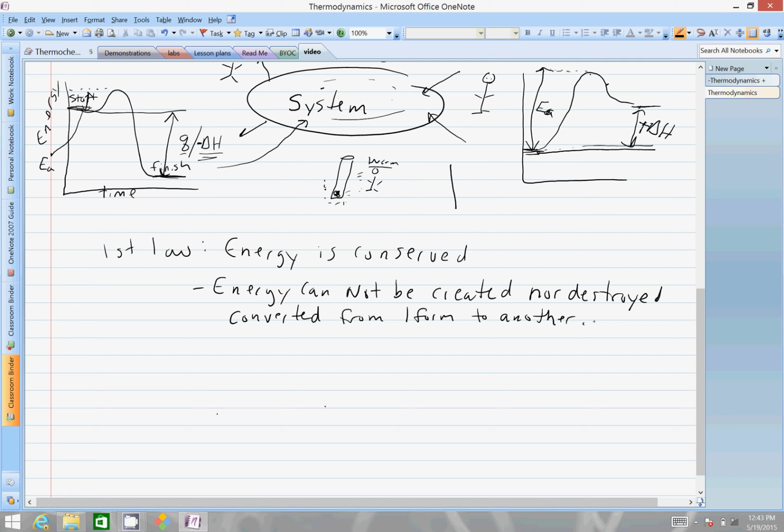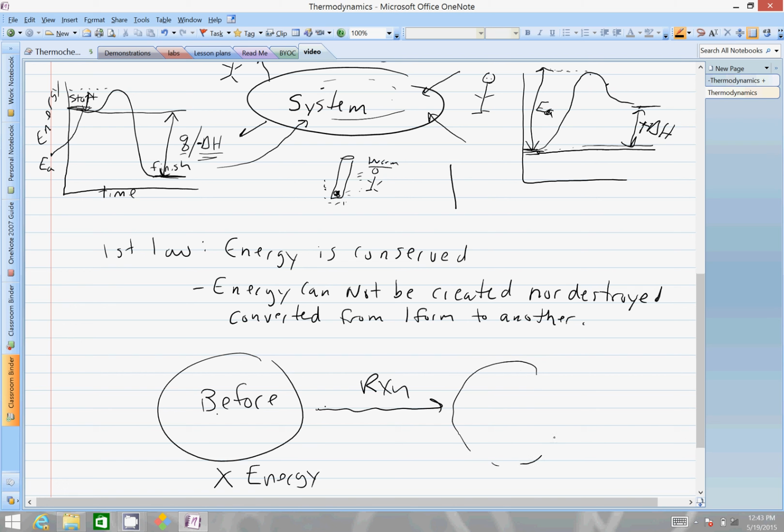Again, because it's not changing, we can track an item beforehand and say, okay, this item has a certain amount X of energy, and if I go through a process, some sort of chemical reaction, and test that same item again, I say, okay, now this item has Y amount of energy.